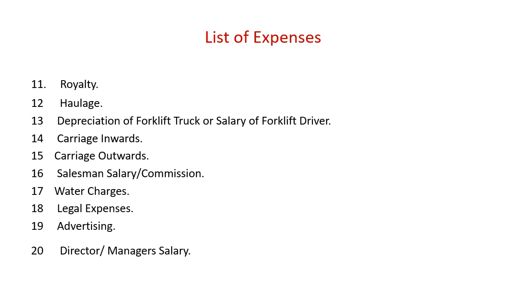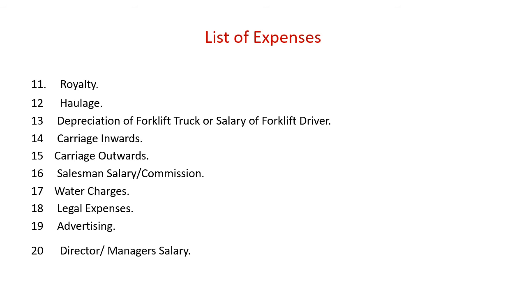Next, haulage. Haulage means goods transport from one place to another place in the factory. It is factory overhead, add in factory cost. Next, depreciation of forklift truck and salary of forklift driver. Forklift is a small machine for goods transport in the factory, so it is factory overhead, add in factory cost.